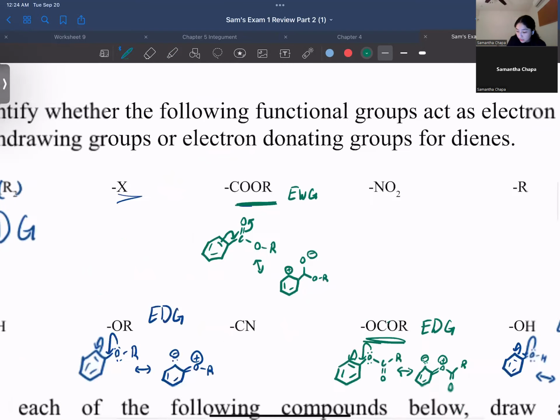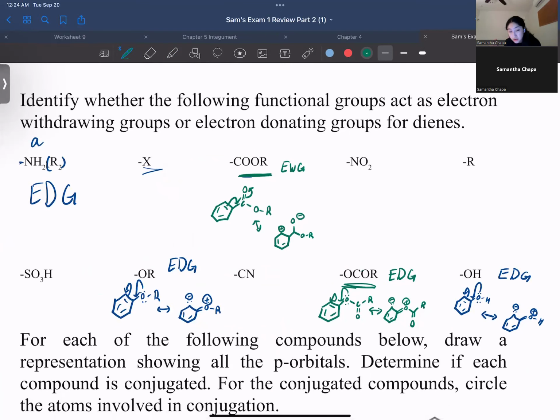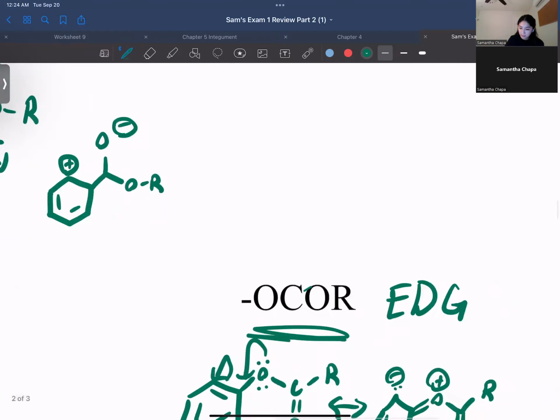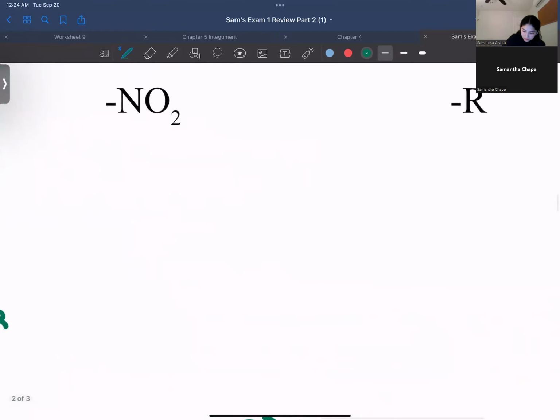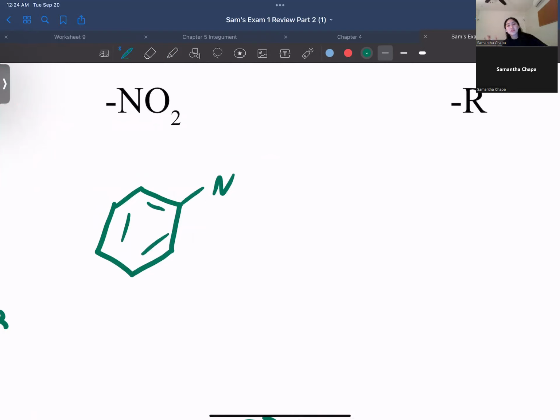So it does matter how you orient your atoms. And so again, the main thing to look at is whether you have a lone pair directly on the benzene ring. And so these next ones are kind of harder. For NO2, you need to know what the structure of NO2 looks like, and this one's going to be kind of weird.